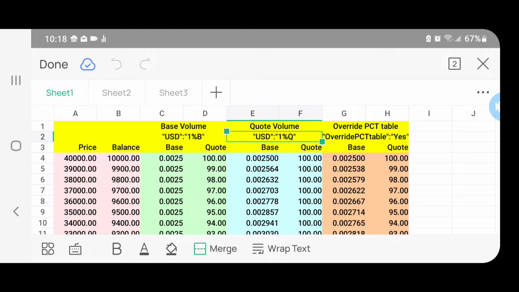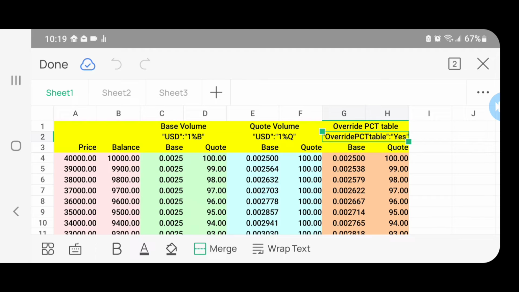But finally, sometimes you don't want the system to manage the budget for you at all. So Jackrabbit Relay has a way to override the entire process. And this can go in either the order, which will override the percentage table only for that order, or it can go into your exchange configuration, which will override all trades on that exchange and that sub-account.